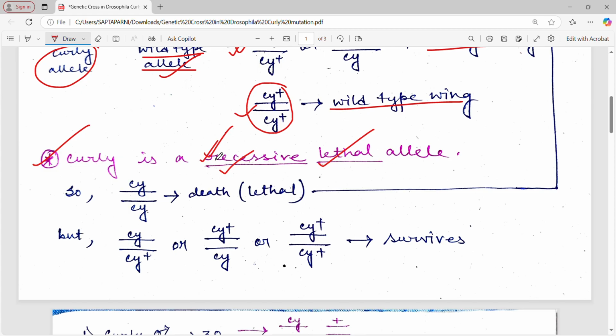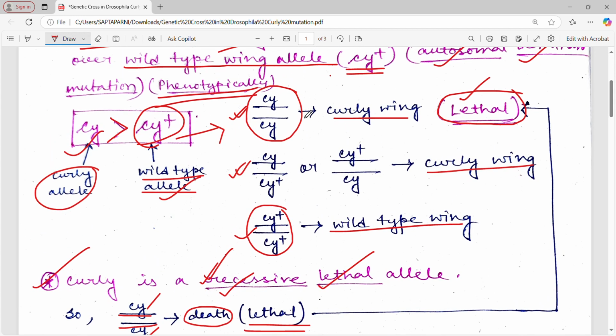So when both second chromosomes carry the mutant allele Cy, it will show death of the progeny, or we can say it is lethal. That is why though phenotypically Cy Cy must show the Curly wing, due to its recessive lethality it dies, so it does not show any wing phenotype. Okay, got it?